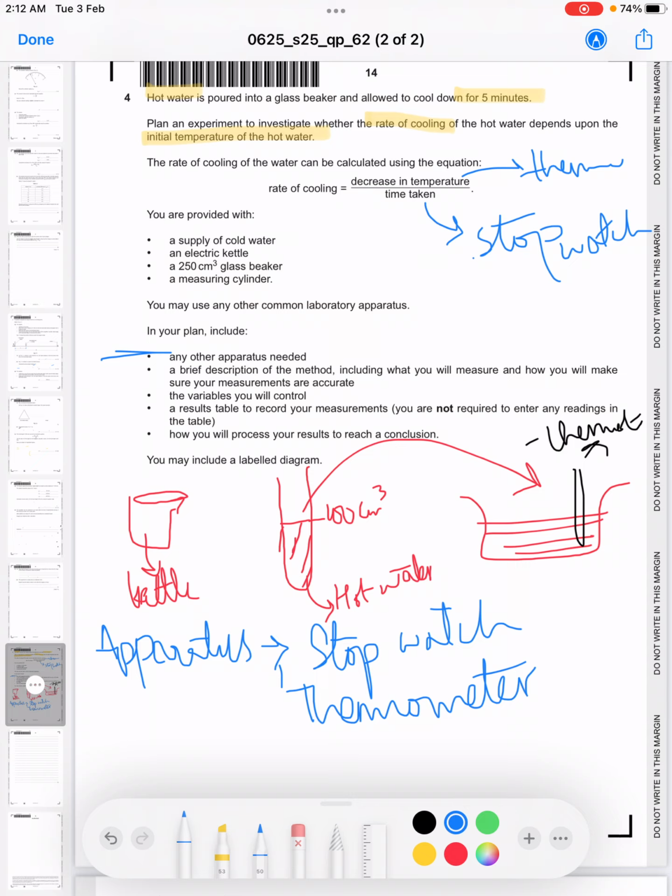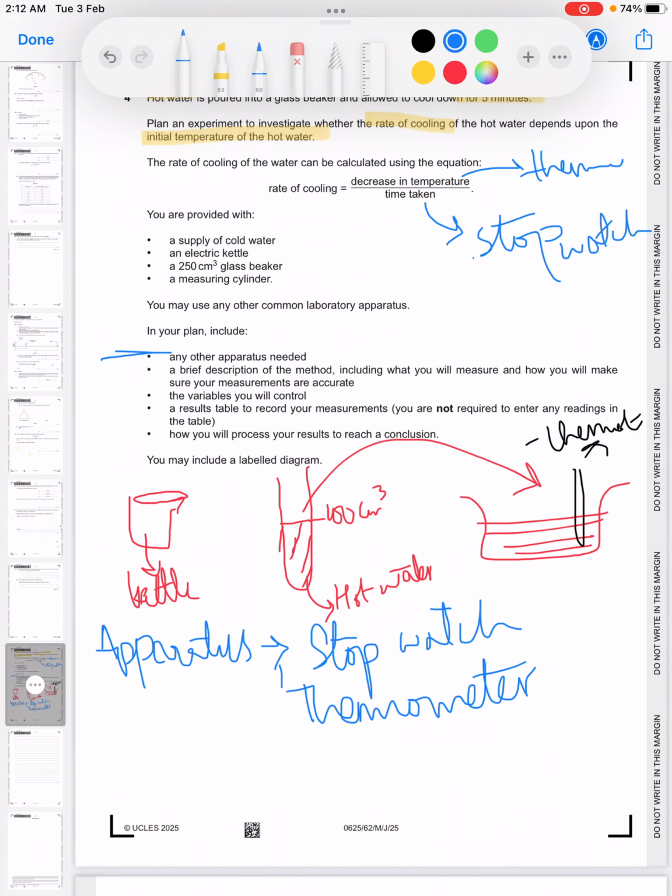Okay, then the second is a brief description of the method, including what you will measure and how you will make sure your measurements are accurate. So let's start step by step. Heat the water in the electric kettle.